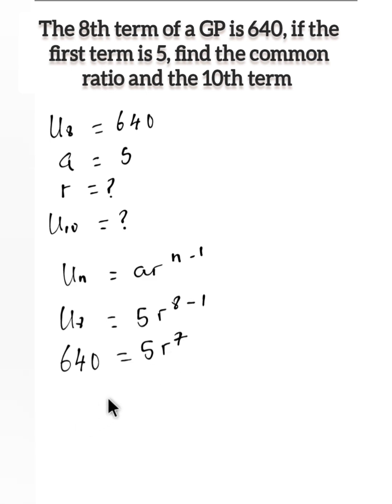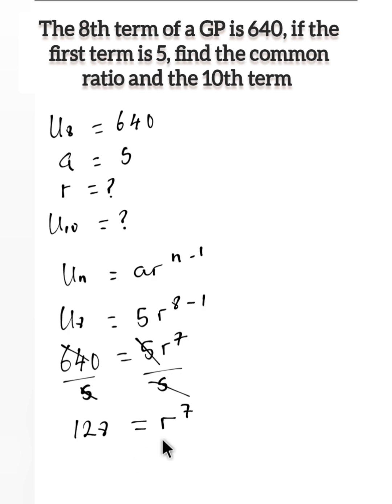At this point, we divide both sides by 5. 5 will cancel 5. 5 into 640 is 128. 128 is equal to r raised to power 7.